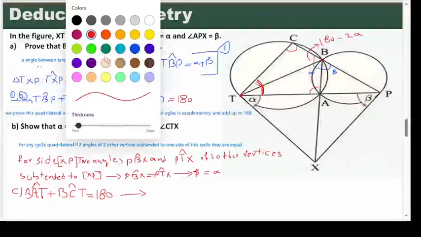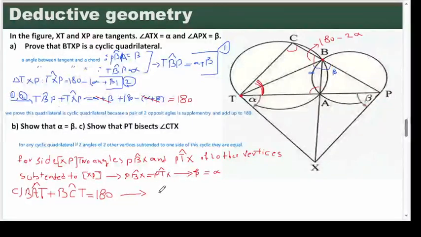Now I change my color and write the angles. So angle ABC plus angle CTA should add up to 180 because it's a cyclic quadrilateral.